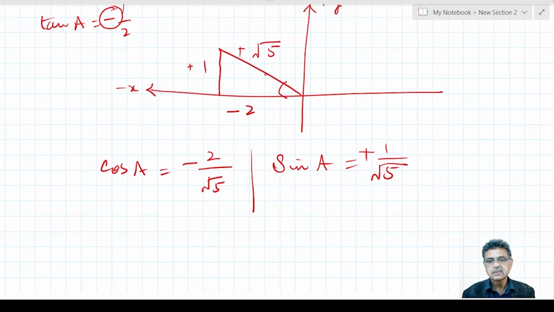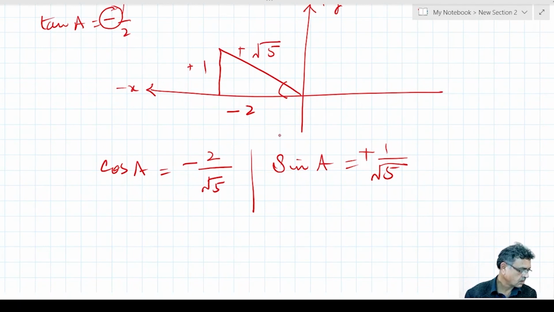You can see that it was the second quadrant, sine is positive in the second quadrant, and cos is negative. The reason is that for all the values on the left hand side, in the second and third quadrants, cos will remain negative, whereas above the x-axis sine remains positive.